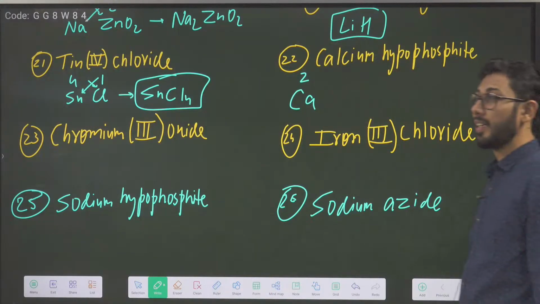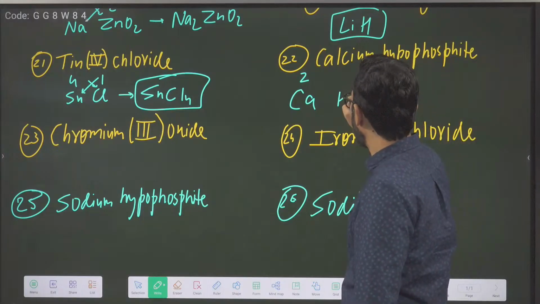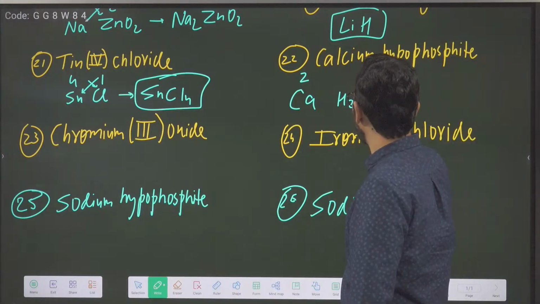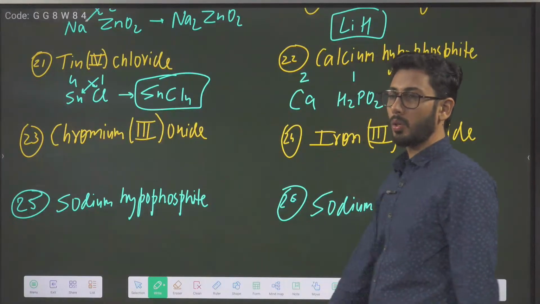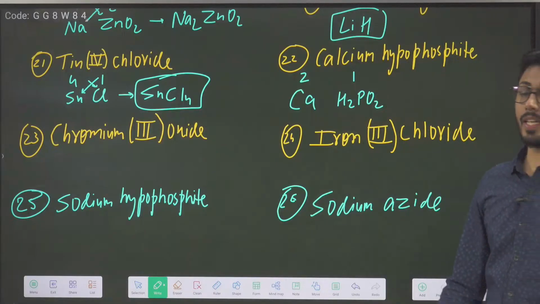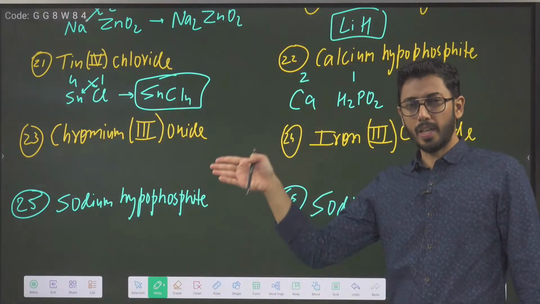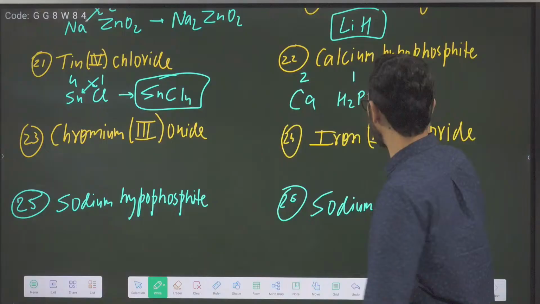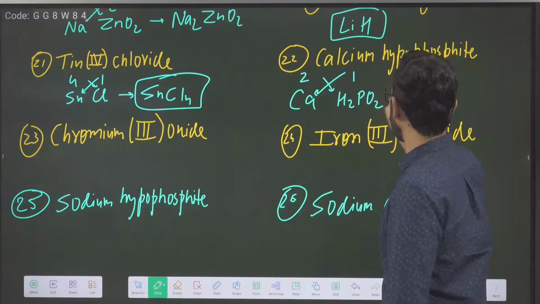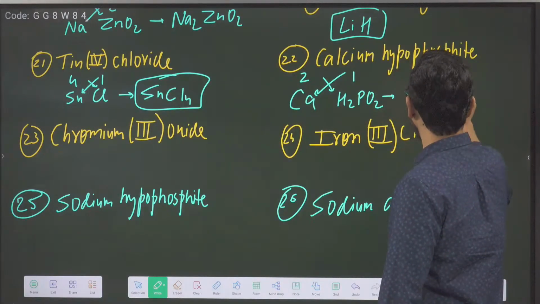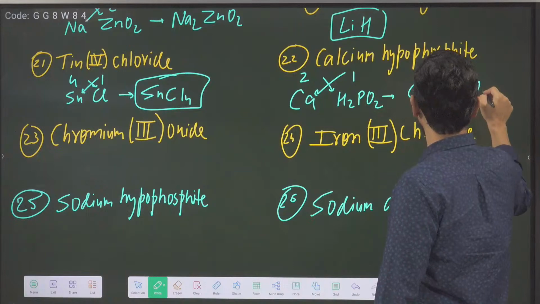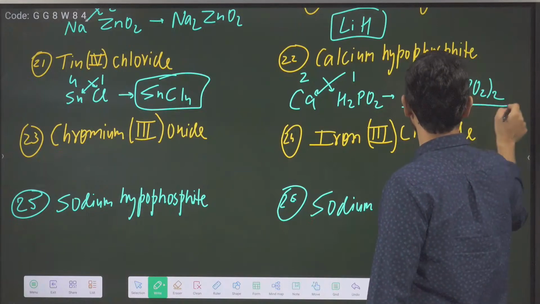Remember, it is H2PO2 minus. Check your notes. Hypophosphorus acid is written H3PO2. Its anion is hypophosphite. Criss-cross method, it becomes Ca(H2PO2)2.